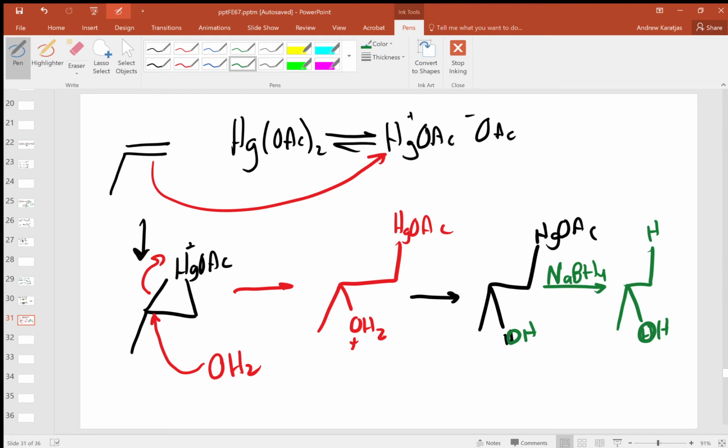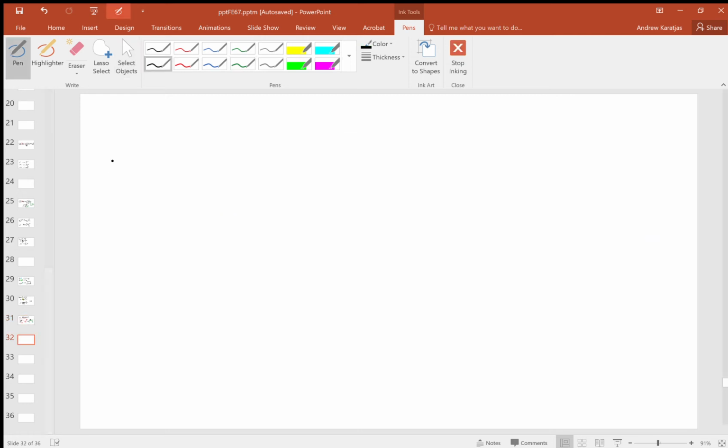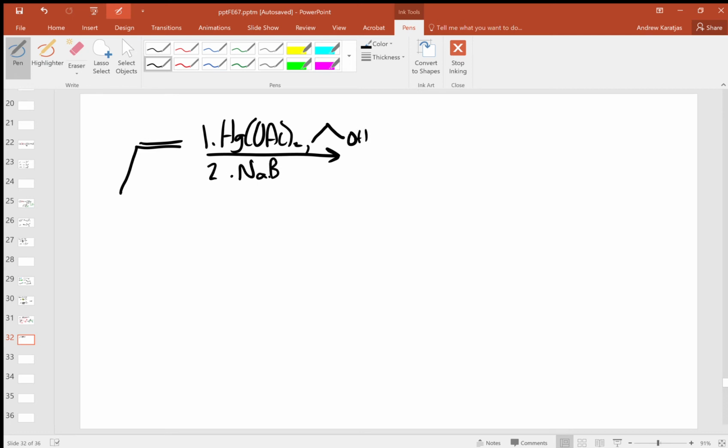But in addition to making alcohols with oxymercuration, there's also a second thing we can do. And that is if instead of using water for the reaction, what if we use an alcohol, such as ethanol? Well, most of the reaction mechanism is the same.